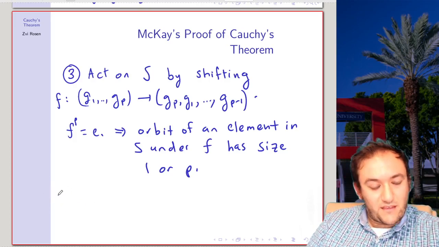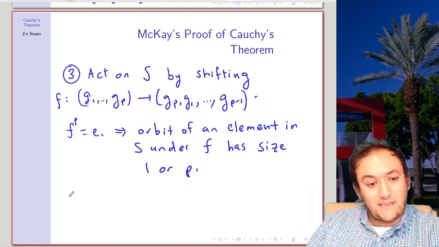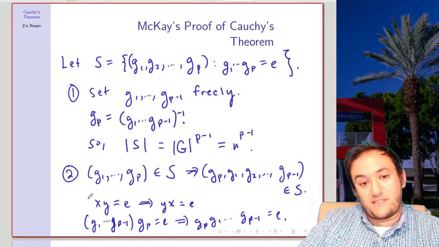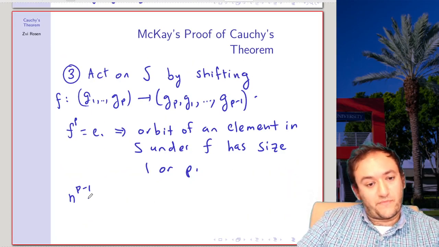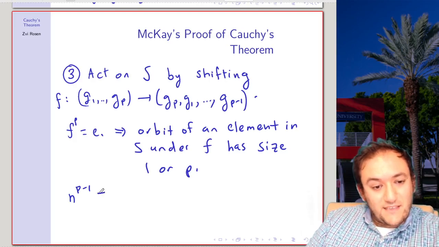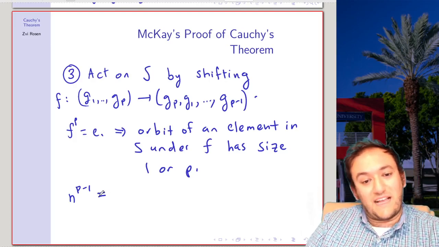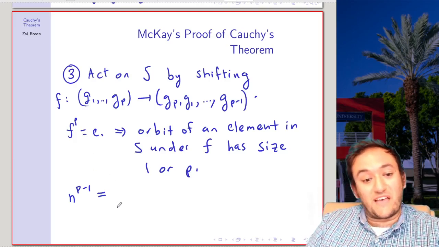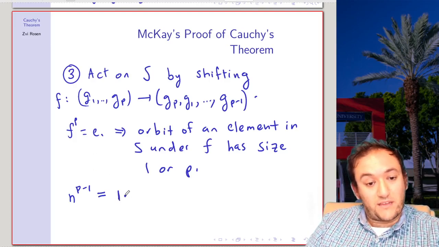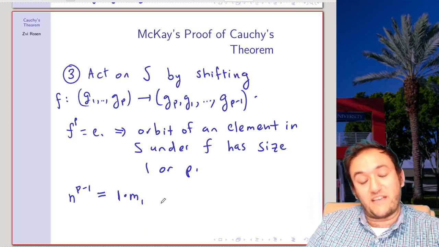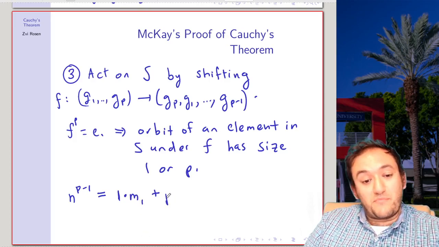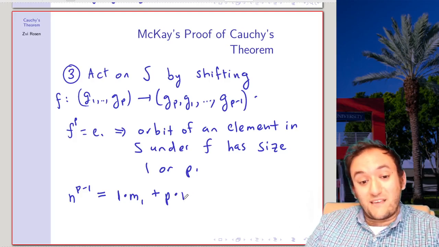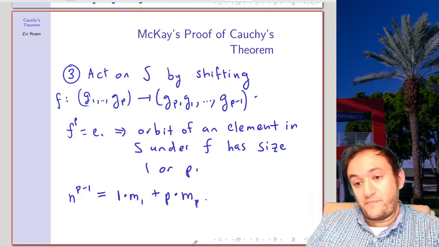Well, we know that the set has size n to the p minus 1, as we deduced on the previous slide. But we also know that this is being partitioned into equivalence classes by these orbits. Okay, and so we have orbits of size 1. So it's 1 times the number of orbits of size 1 plus p times the number of orbits of size p. Okay?